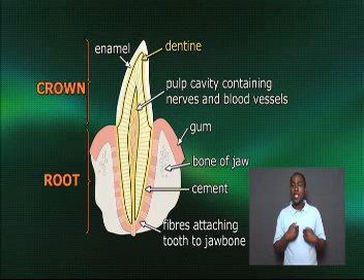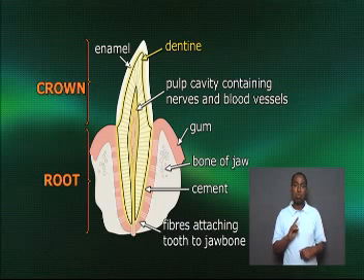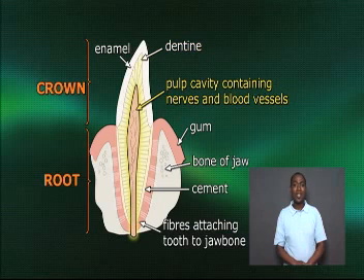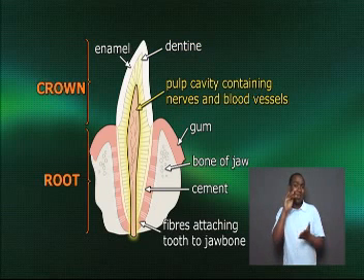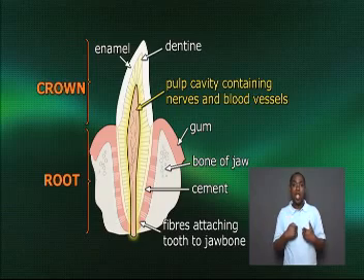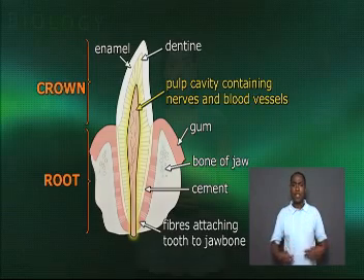Dentin is a living layer that is similar to bone, but not as hard as enamel. The pulp cavity is in the center of the tooth, and it contains nerves and blood vessels.